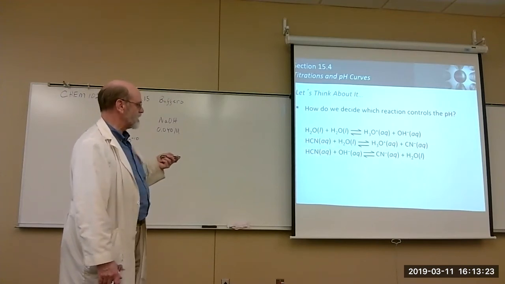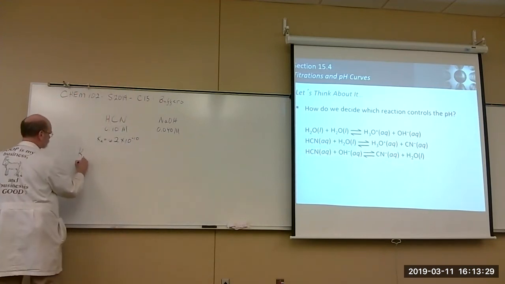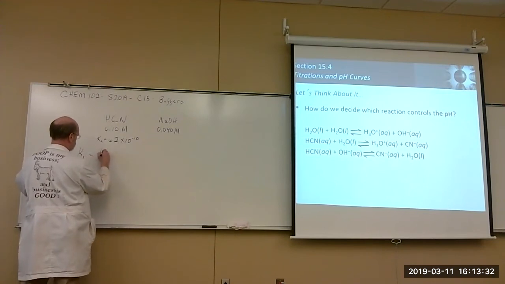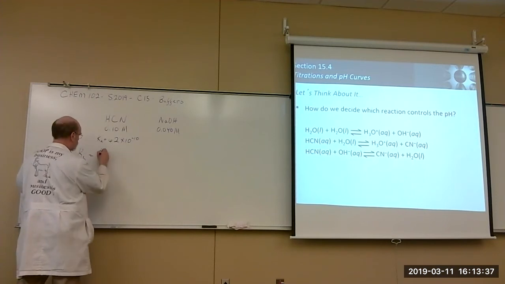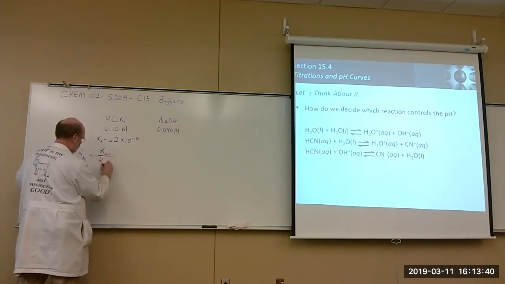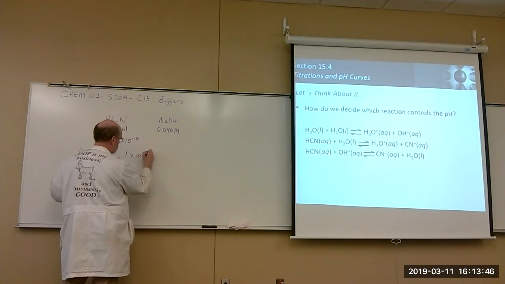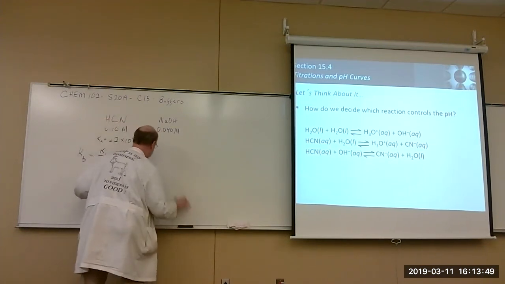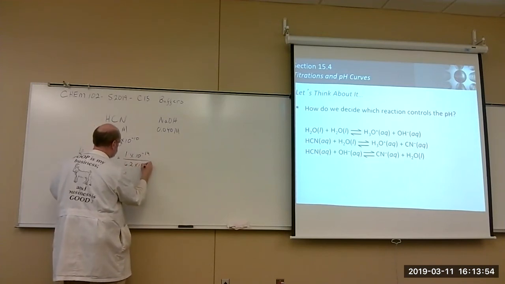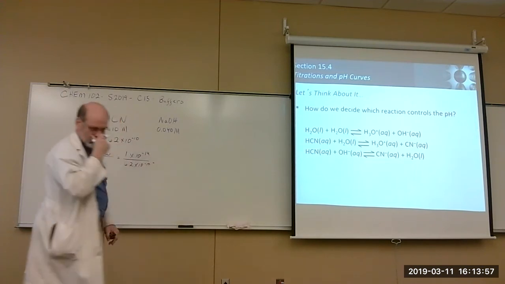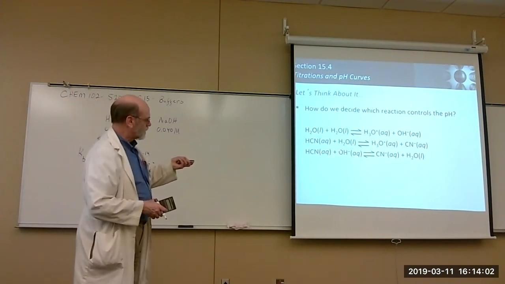This one has a Kb of a certain value, which we determine by Kb equals Kw over Ka. So we would have 1 times 10 to the minus 14 divided by 6.2 times 10 to the minus 10. We just need to do a quick calculation to find out what the Kb for this reaction is.